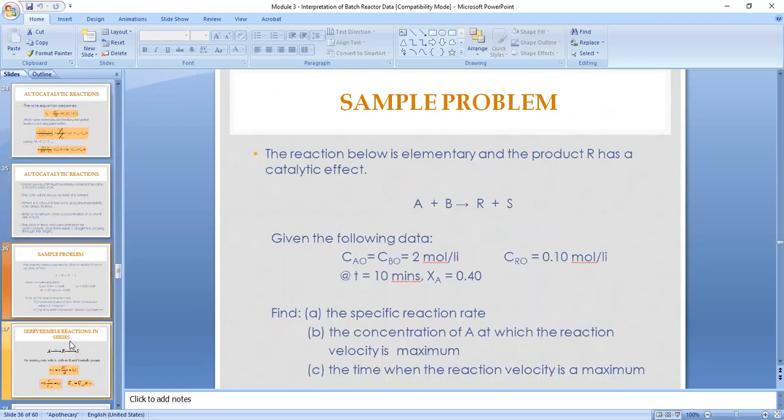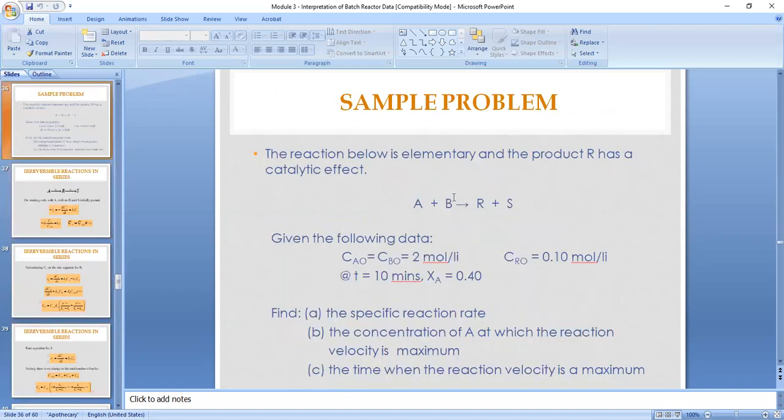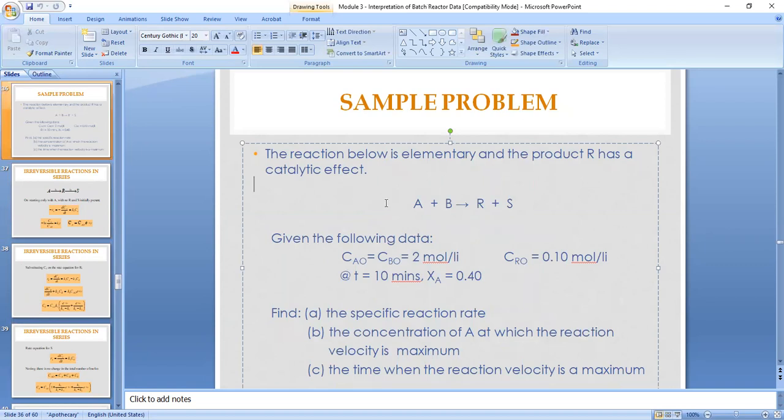So for our sample problem, the reaction below is elementary and the product R has a catalytic effect. This time, you are given two reacting species, A and B, and one of your products, R, has a catalytic effect.